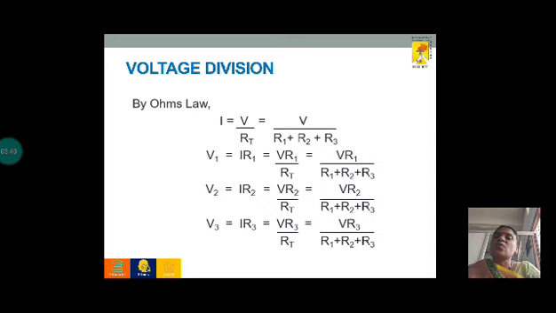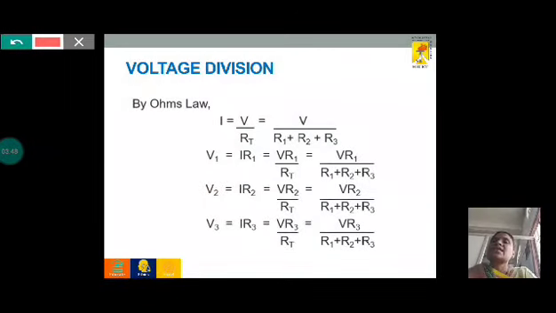Next, you have to find out the individual voltages across the resistances. For that, by using Ohm's law, we know that I equal to V by RT, that's equal to V by (R1 plus R2 plus R3). In order to find V1, we know that V1 equal to I into R1, and instead of I, we substitute V by RT.